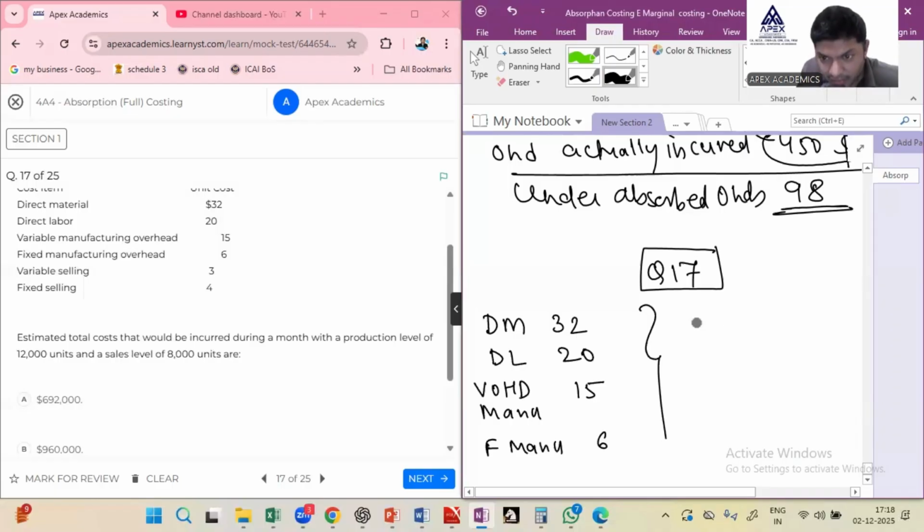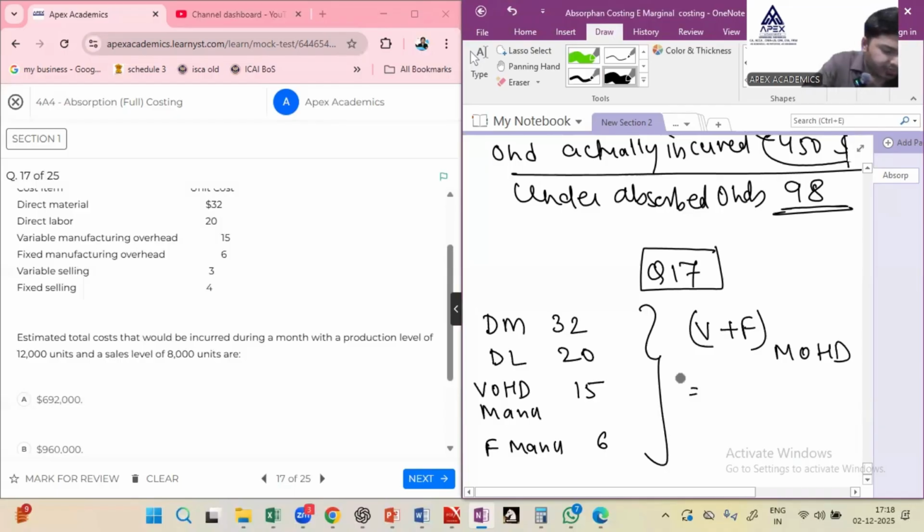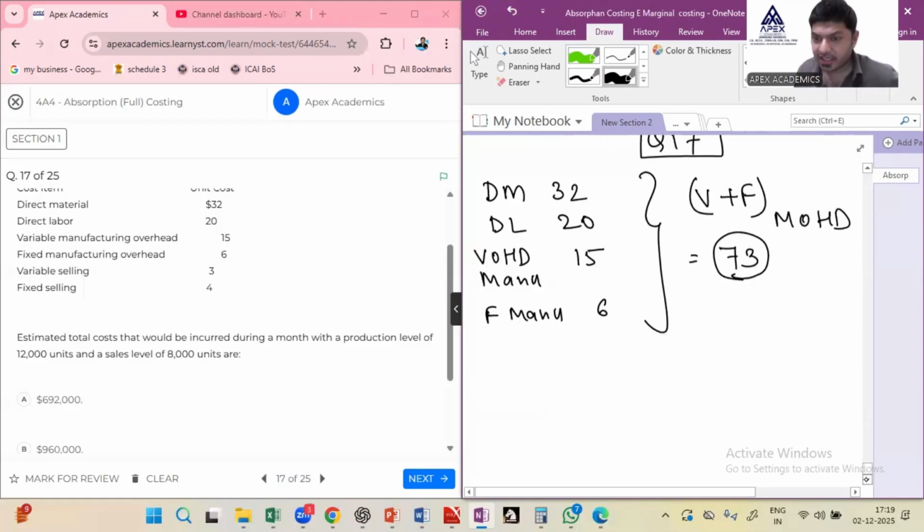The total of my variable plus fixed manufacturing overhead is equal to 32 plus 20 plus 15 plus 6. The answer is 73. Under absorption costing, inventoriable costs are variable as well as the fixed overheads of manufacturing.